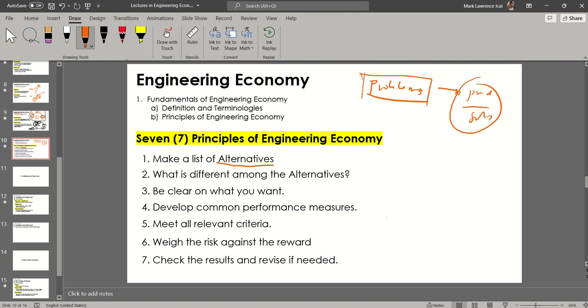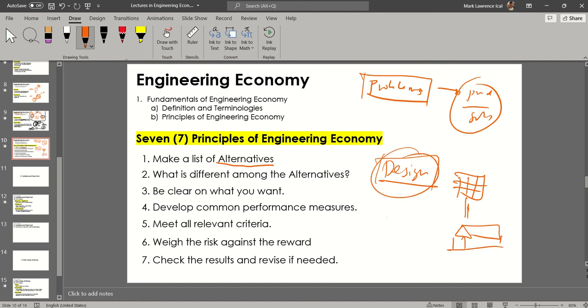For example, your research is all about a design, no? Ng design ng solar system, solar PV system for a particular consumer. Now, you being an engineer, you're not going to make only one design. No. That's a terrible idea.